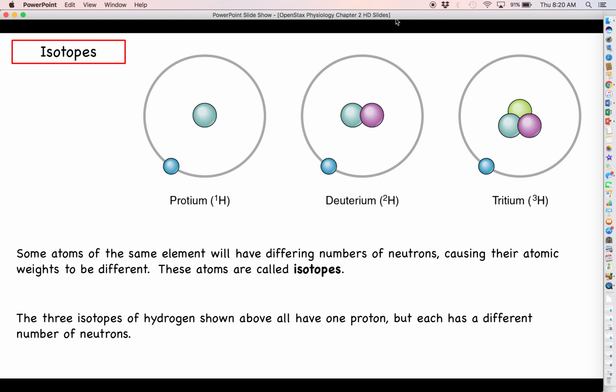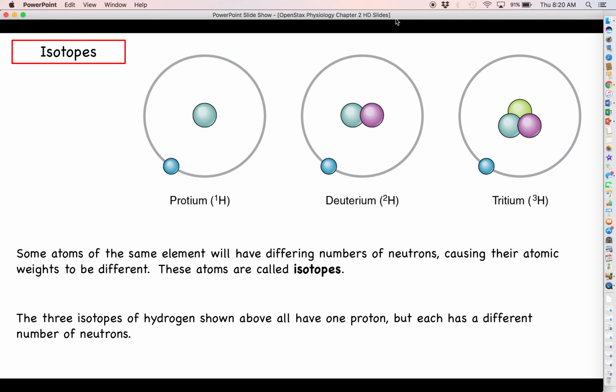So 1 plus 0 is 1. Deuterium is another atom of hydrogen because it only has the 1 proton, but it does have a neutron, so its atomic mass will be 2. Tritium, on the other hand, has 1 proton and 2 neutrons, so its atomic mass will be 3.